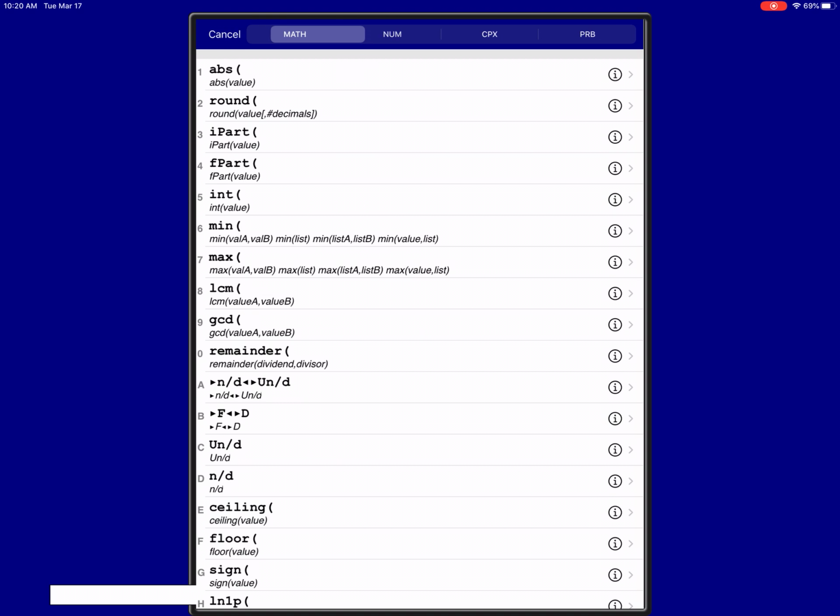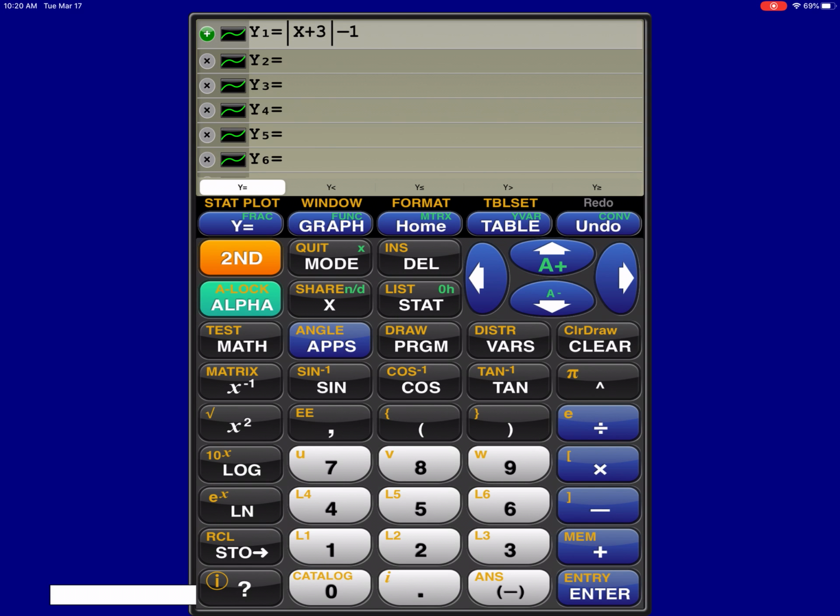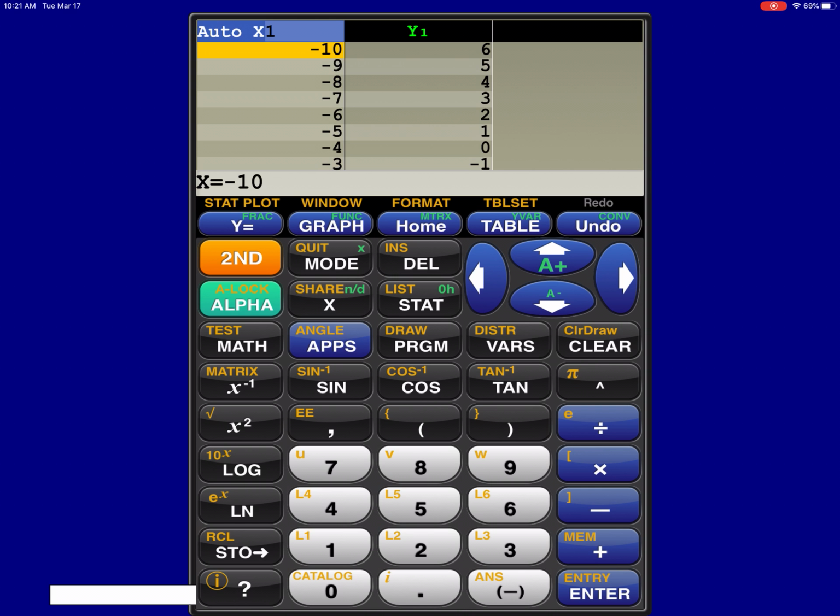You may have to scroll over to number. So math, scroll using your right arrow key to number. We can look at the graph if you want, but I'm more interested in the table. If you look at the very top where you have y equals, graph, home, table, hit the table feature, and this is going to give you so many ordered pairs.